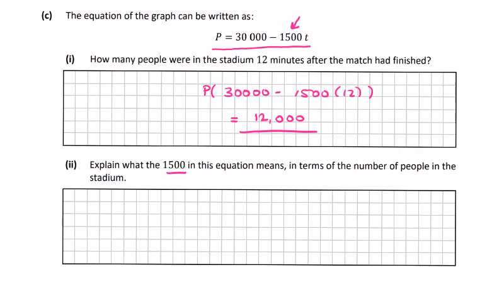So in the next 8 minutes they're going to leave at 1500 a minute, and that will be down to 0. So 1500 leave every minute. You can see that from the graph. So nice easy question here.